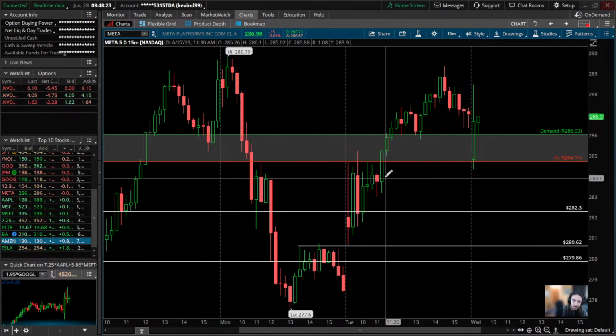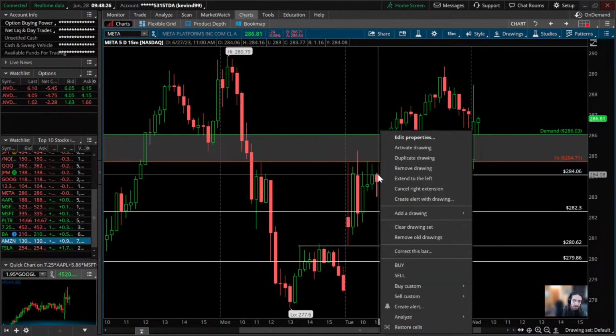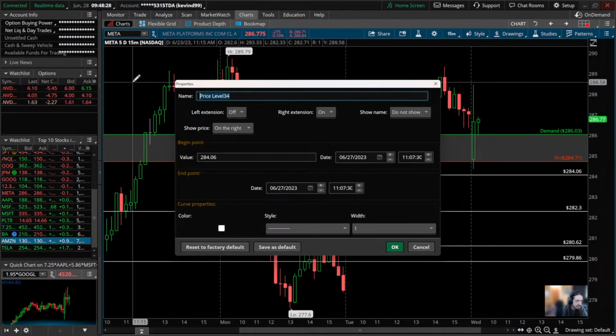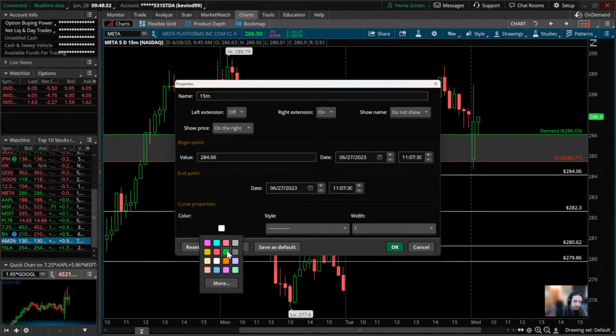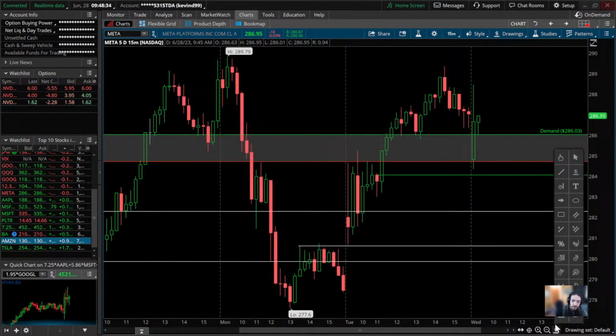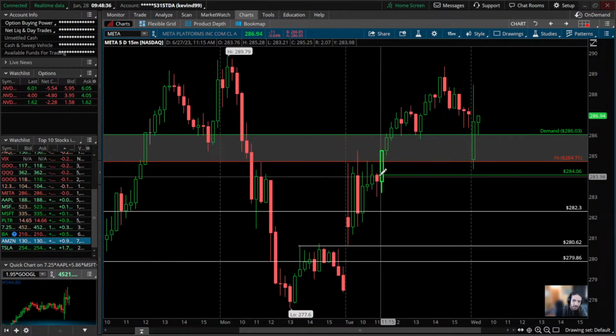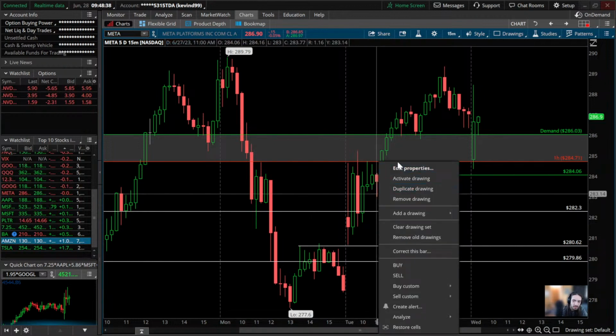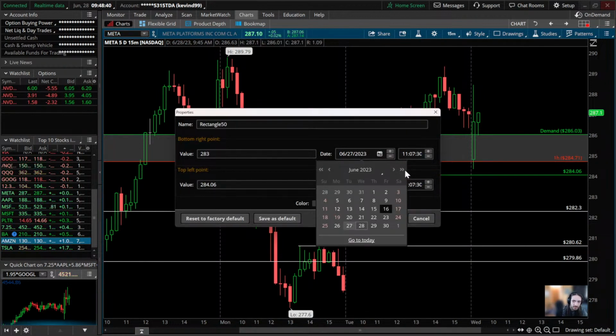This is something I would look for on Meta to play calls, right in this area of interest, in this demand zone, 15-minute. And I'll mark that one as green too, so we know that one is a little bit stronger than maybe a gray one.